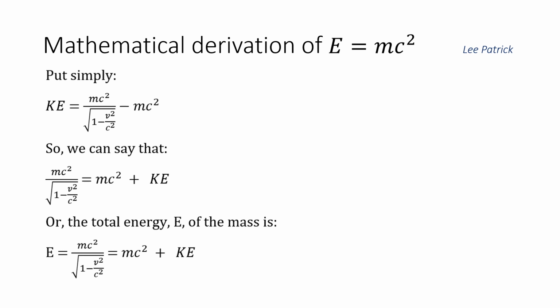Put simply, kinetic energy equals mc squared over the square root of 1 minus v squared over c squared, minus mc squared. So we can say that mc squared over the square root of 1 minus v squared over c squared is equal to mc squared plus kinetic energy, or the total energy E of the mass is E equals mc squared over the square root of 1 minus v squared over c squared, which is equal to mc squared plus kinetic energy.